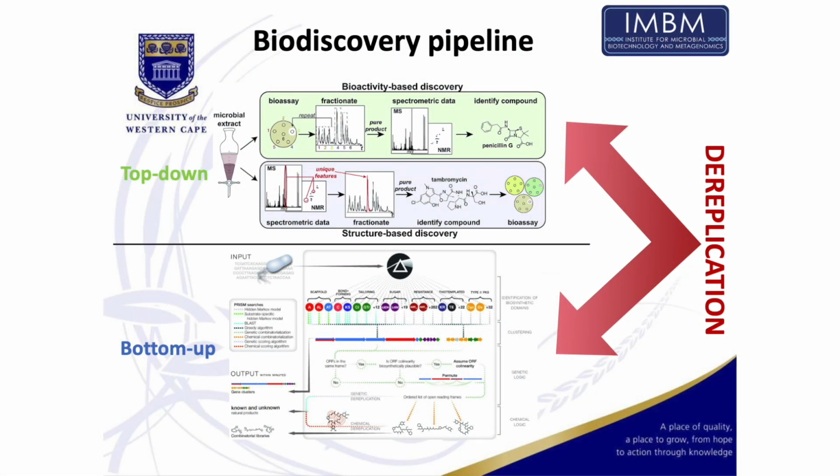All right. So when you go about trying to find novel compounds, there's sort of two methods today that we can use. The one is the sort of top-down method.